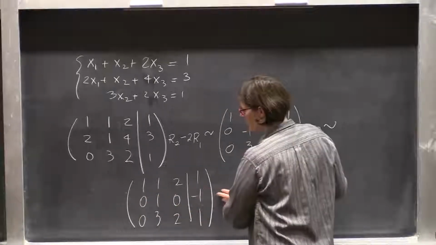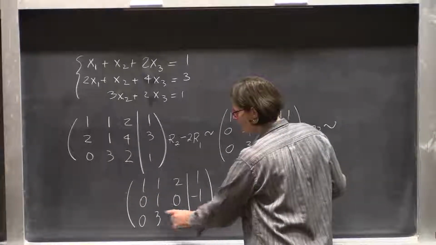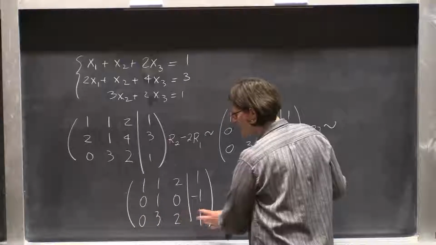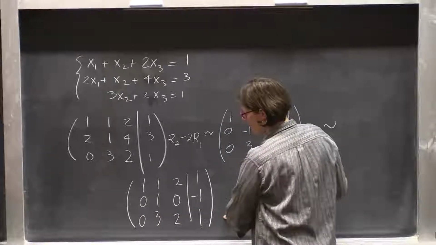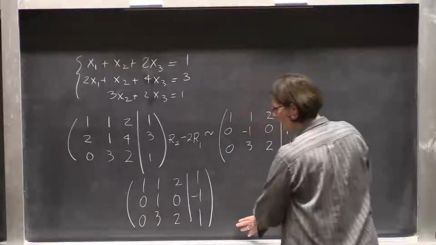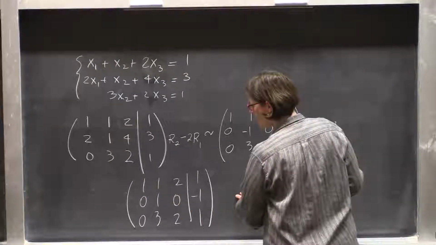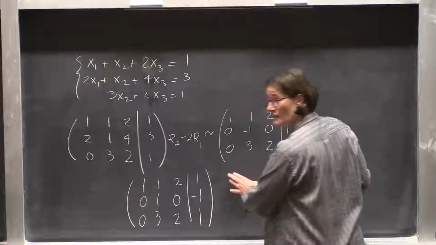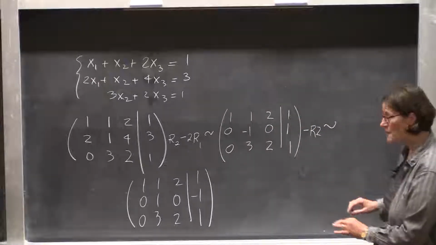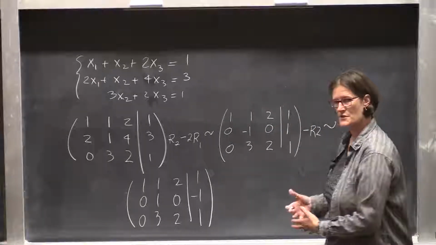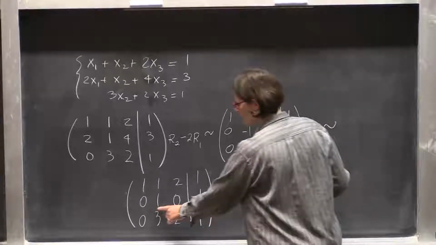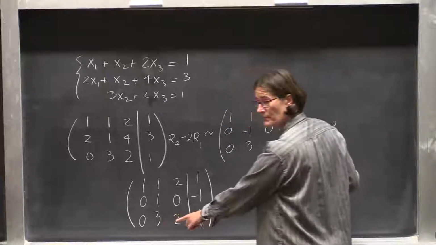This equation involves x2, x3. If I managed to knock this out, this equation would just involve x3. I could use the third equation to solve for x3, then use the second equation to solve for x2, then use the first equation to solve for x1. So if I wanted to just take it to the point of back substitution, all I would need to do is knock out this 3.